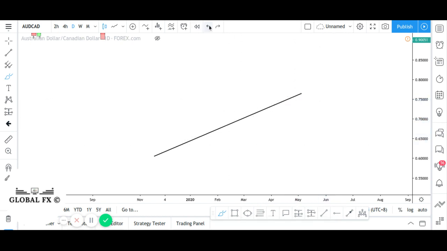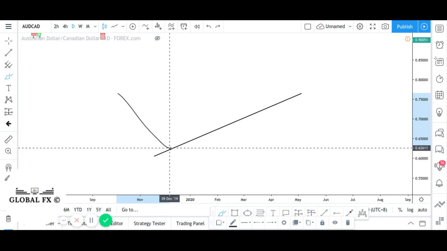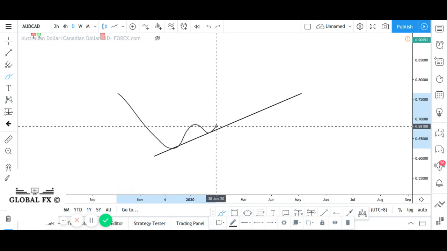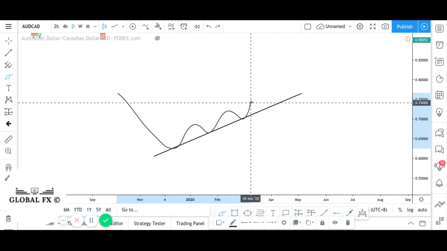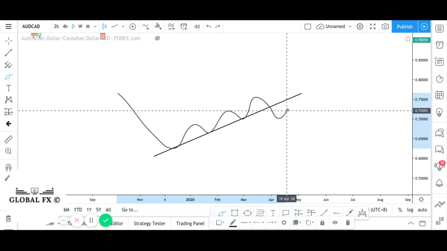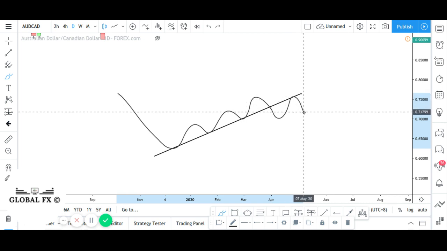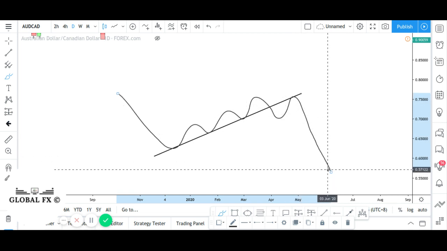Now, the most important thing that you guys need to understand is when we have a downtrend, an impulse to the downside, a correction to the upside to correct that move, basically the market will break out. It will then come up and retest that previous support, now turned resistance, and then move to the downside.